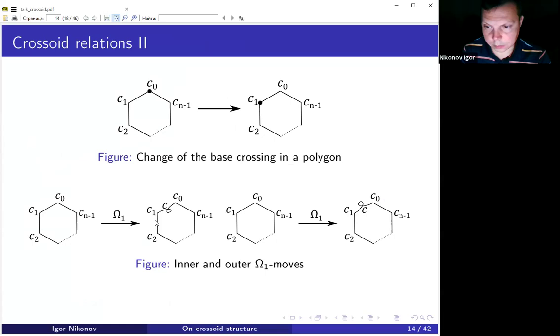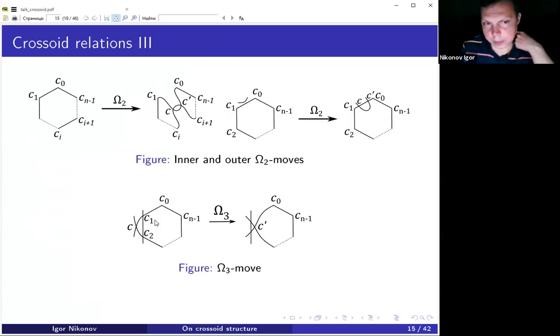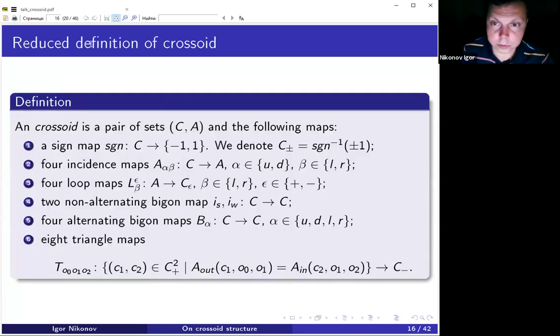So we have this crossoid structure, and it is worth remarking that using this inner second Reidemeister move, we can split any region into small parts, namely into triangles or bigons. This means that when we define a polygon relation, we may restrict ourselves to the case of loops, bigons, and triangles. This gives us another definition of the crossoid structure, a reduced definition.